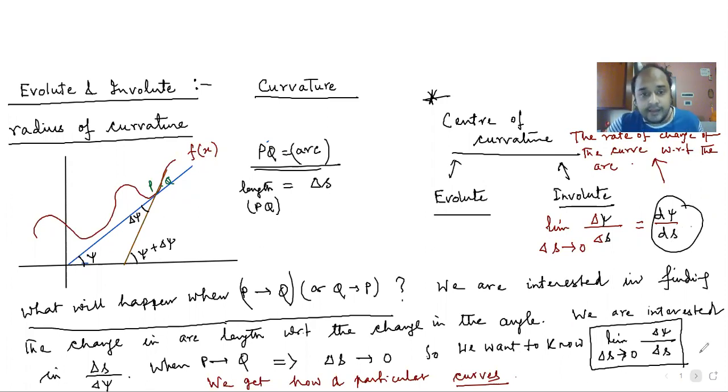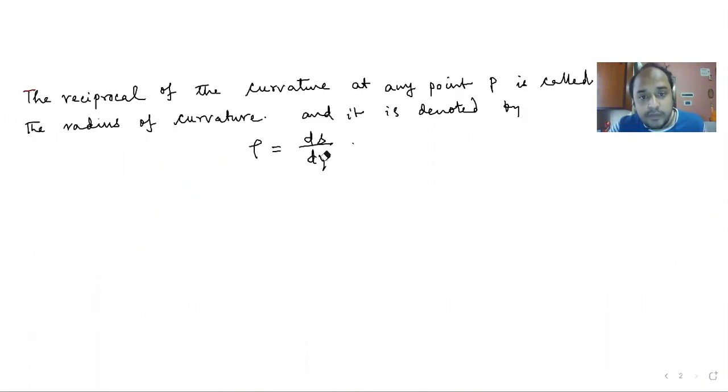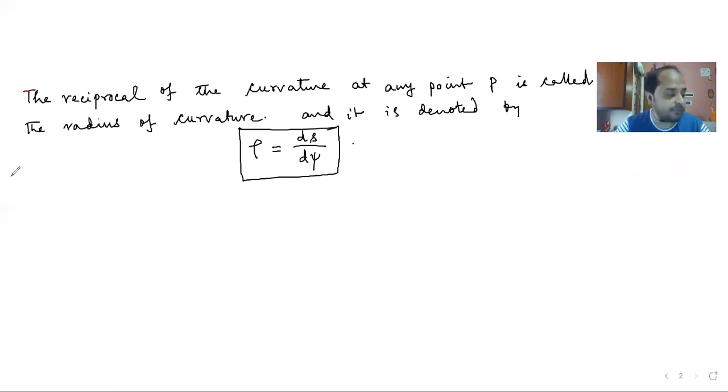Radius of curvature will be just opposite to that. Radius of curvature will be ds by d psi. That is your radius of curvature. Now after this, you will see that in the note some formulas for finding radius of curvature have been mentioned, but I'm not going to discuss this, it will not be required.